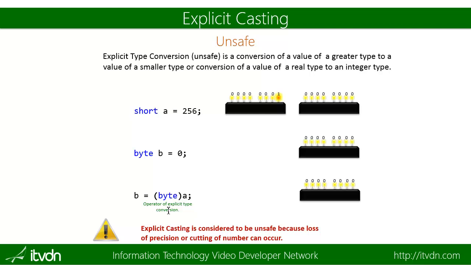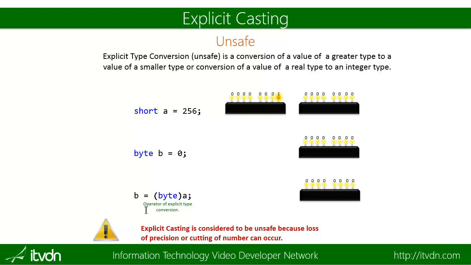The operator of an explicit type conversion. This is how an explicit type conversion looks like. Here you have, for example, the value of b is 0, the value of a is 256. So putting 256 into this just one byte is possible, but with a risk of losing the precision.